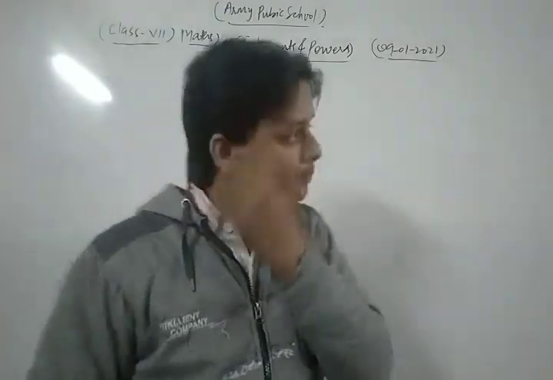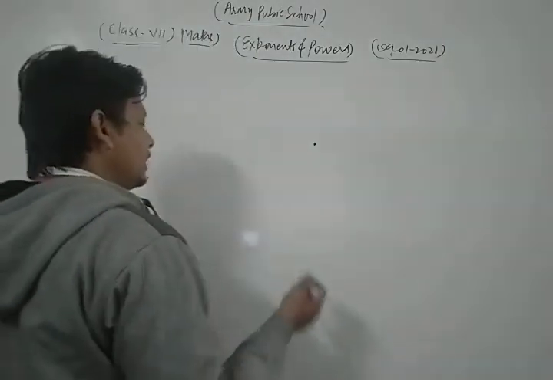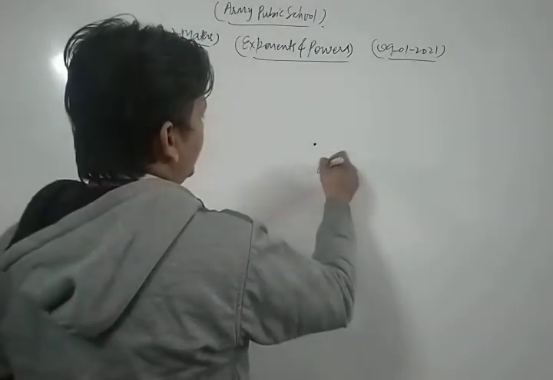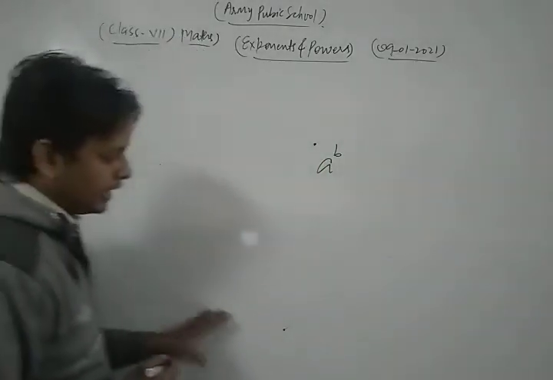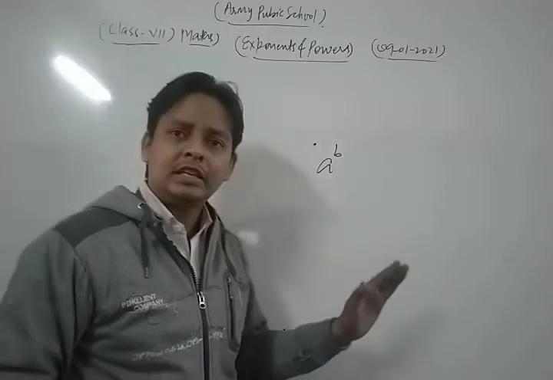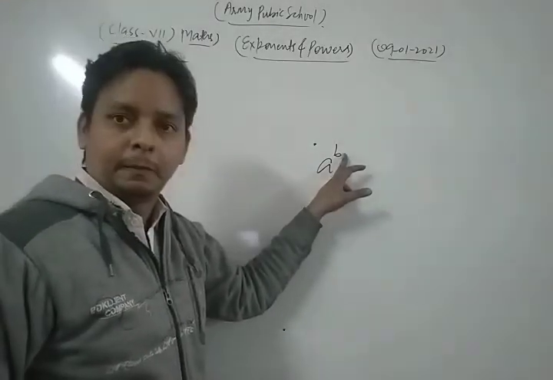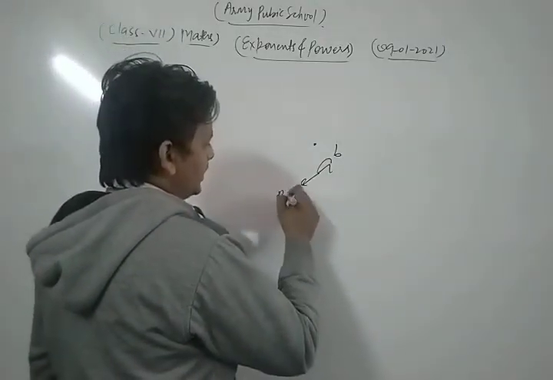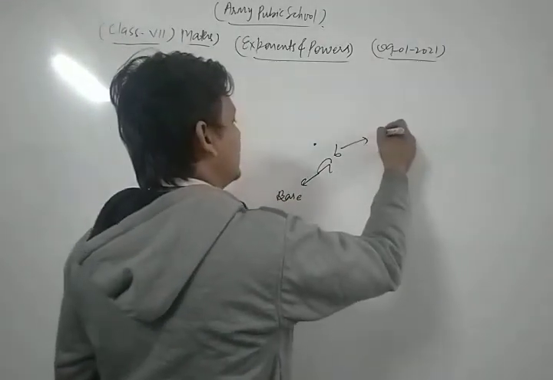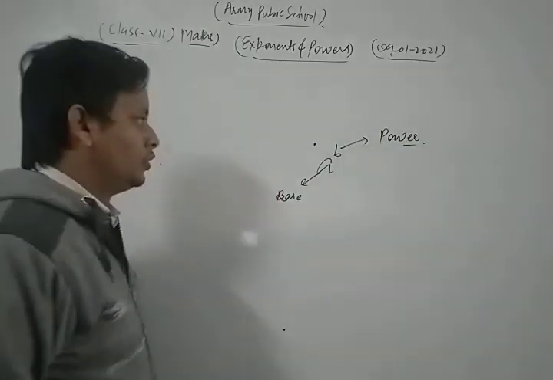Okay, now let's see. First of all, you know that suppose we write any number in the form of a to the power b. Then here a is known as its base and b is called its power.